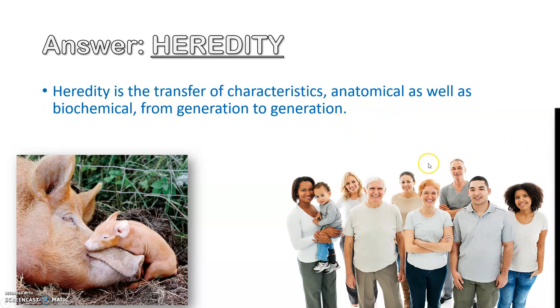Anatomical, meaning if you have a dark-skinned mother, it may be passed on to you. Maybe your father has a good speaking voice, then you may have this kind of trait. Maybe also biochemical, emotional, or any other type of traits that have been passed on from generation to generation, right?